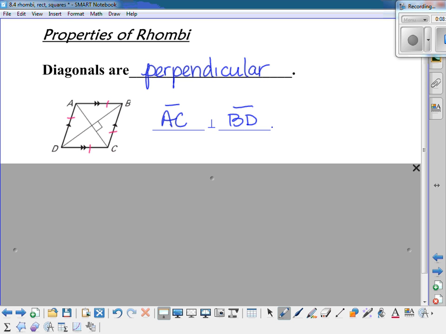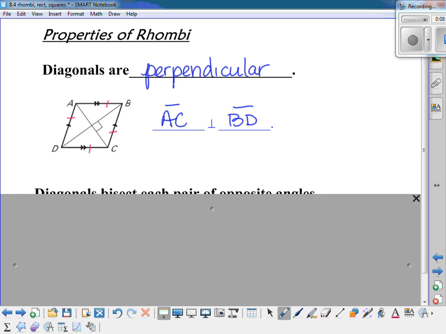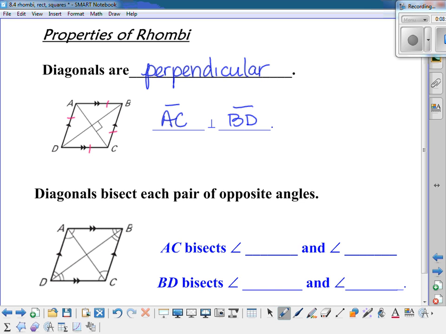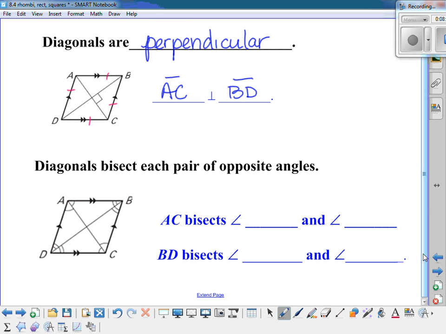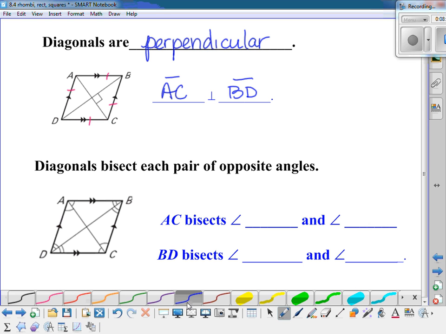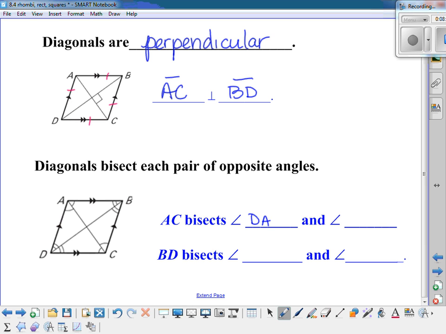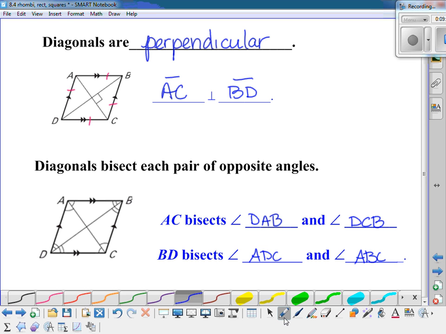The other thing we can say about rhombi is that the diagonals bisect each pair of opposite angles. So in my figure here, AC is bisecting angle DAB and angle DCB, and BD is bisecting angle ADC and ABC. So we end up with 2 sets of 4 congruent angles.